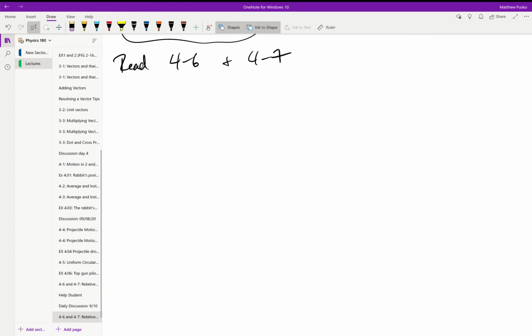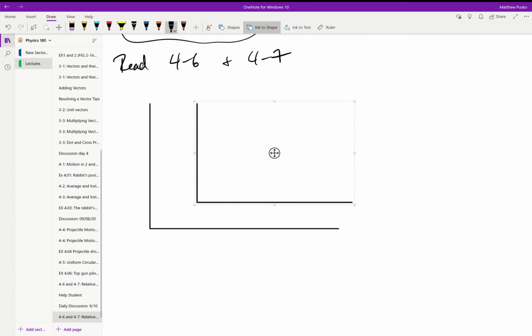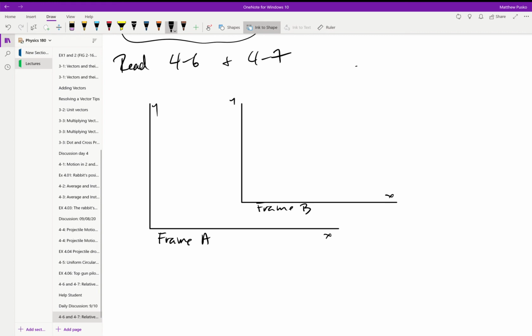So to do that, let me draw a couple reference frames. And we'll call this frame A, this called frame B, and we're looking at X and Y coordinates. And we have some particle P out here. This particle could have a velocity, it could be moving in any which way.